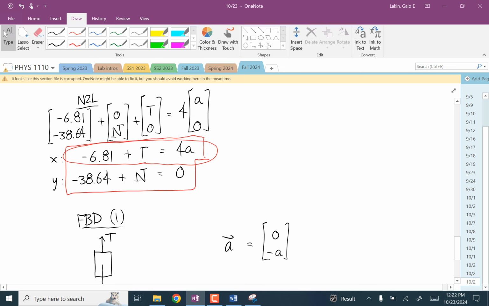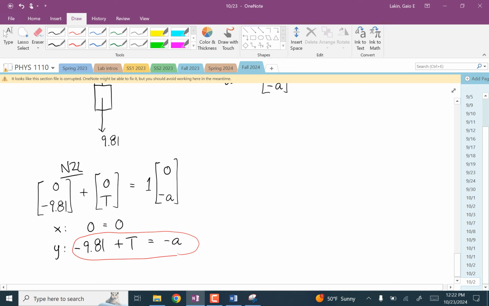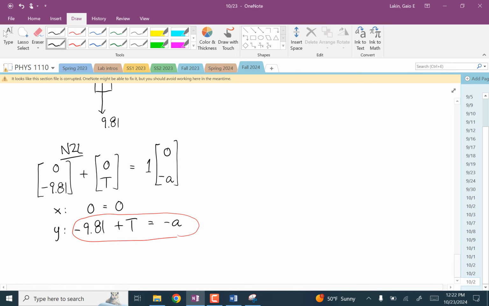Okay, so the first one, I'll rearrange this as T is equal to 4a plus 6.81. And I'll substitute that into the second one: negative 9.81 plus the quantity 4a plus 6.81 is equal to negative a.